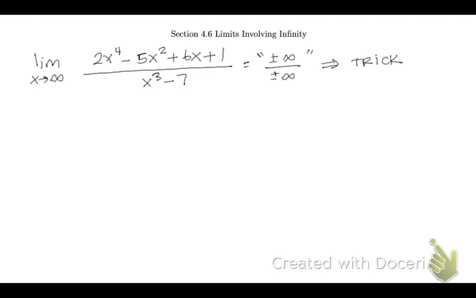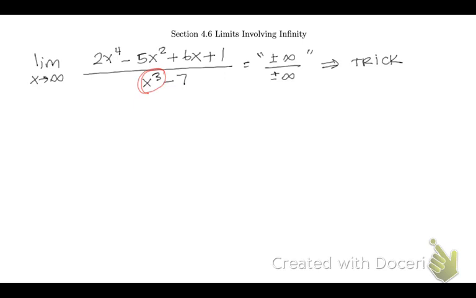All right, so again, you're going to divide by the highest power of x in the denominator. And for us, again, that's x cubed. There is an x to the fourth, but it's up top. So we're going to divide through by the highest power in the denominator.